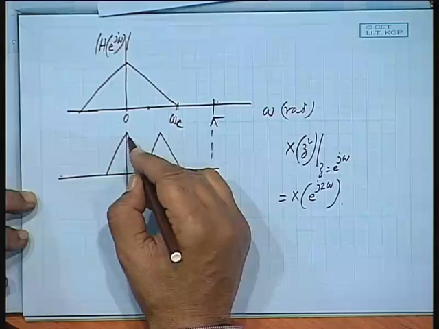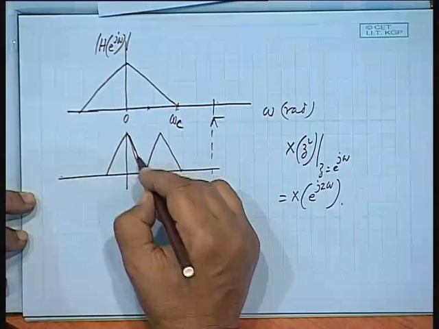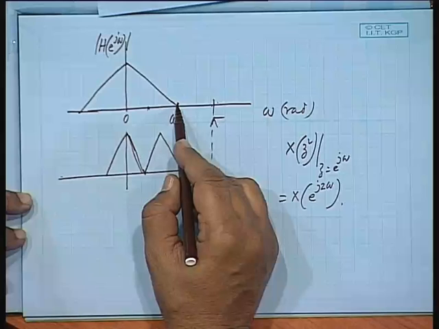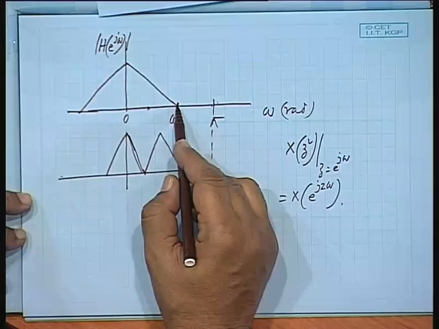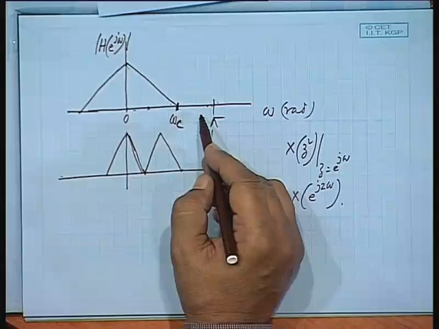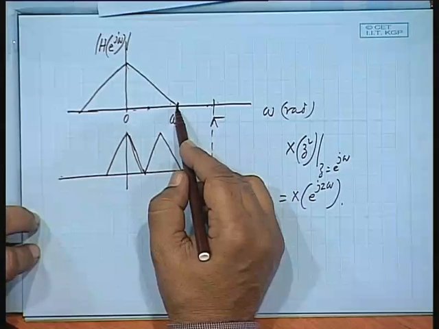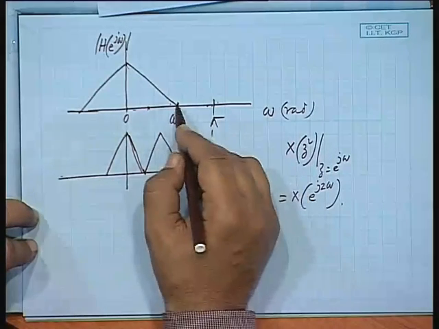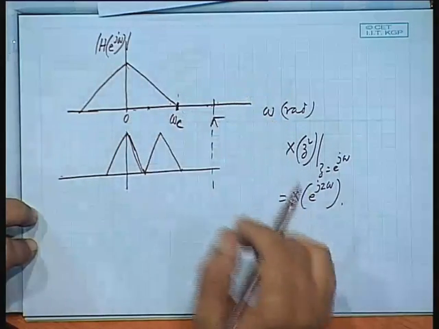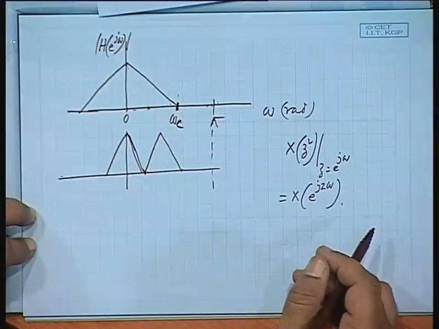I have not drawn a very good diagram. It will be like this. Suppose it is just pi by 2. If one segment is covered in pi by 2, then 2 such segments will be covered in pi.